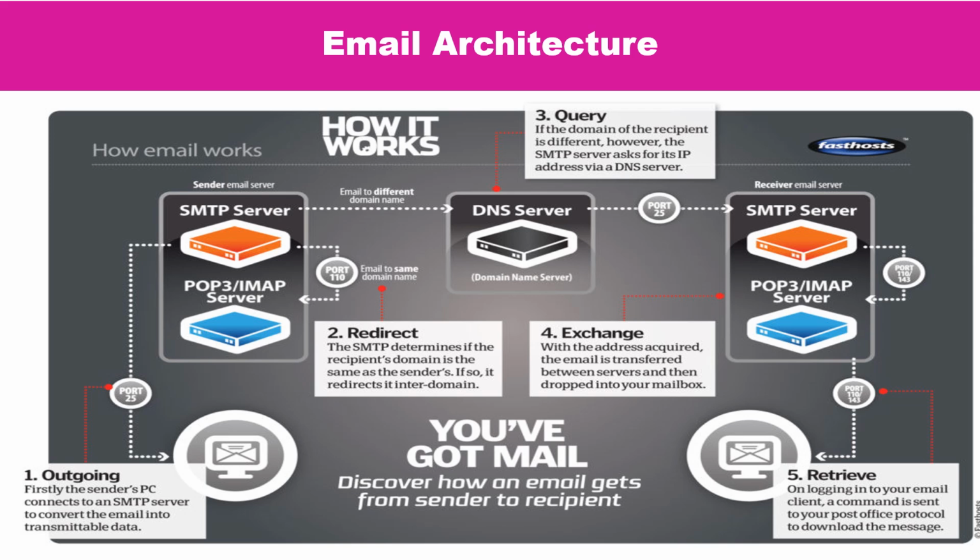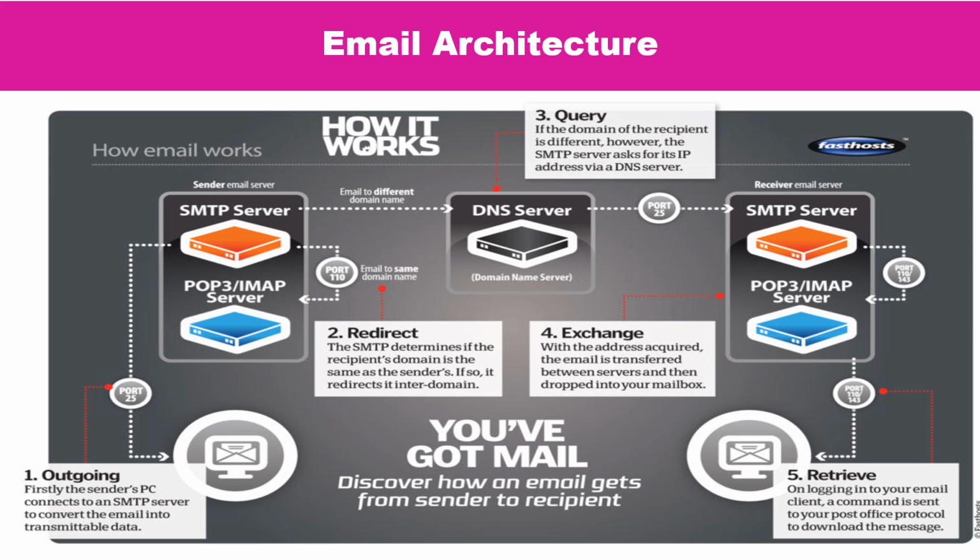You can see on the screen the second place, the redirect, which shows that if it is an interdomain email, it will be sent directly to the POP3 or IMAP server. The recipient, that is the person in the same domain who receives the email, will have it on the POP3 or IMAP server.